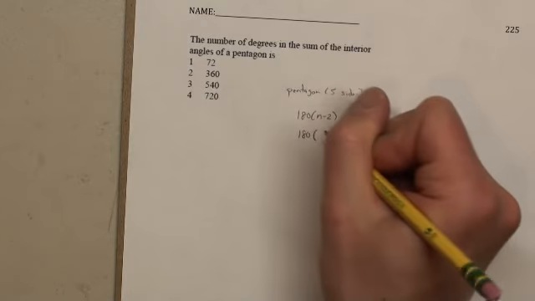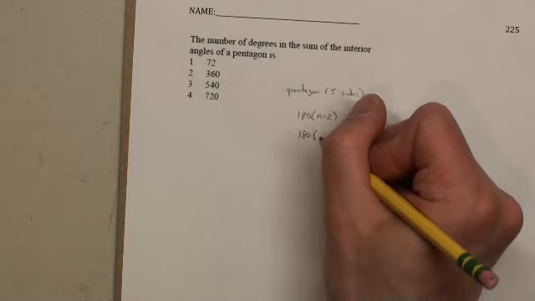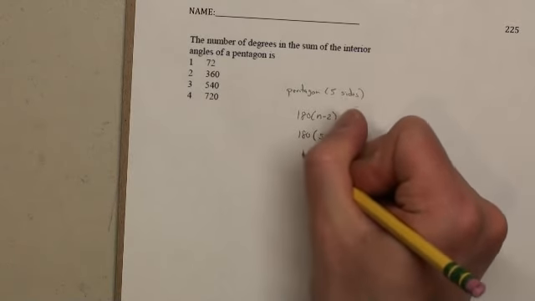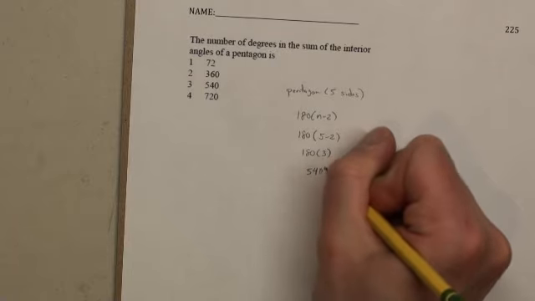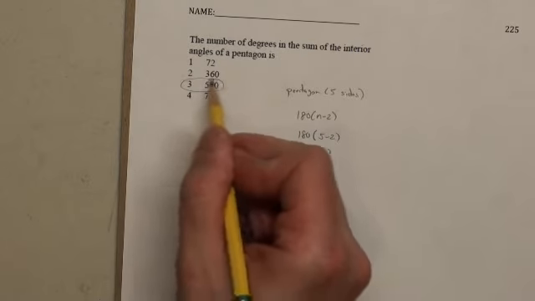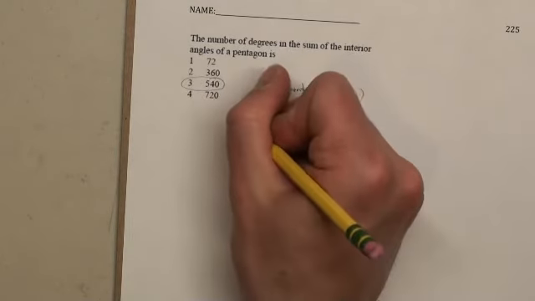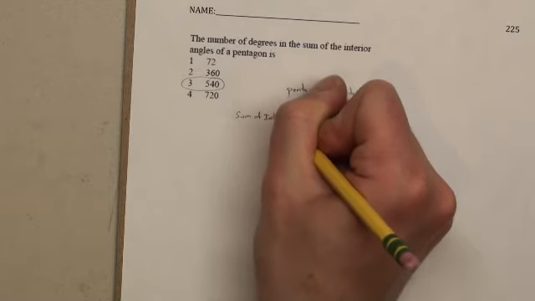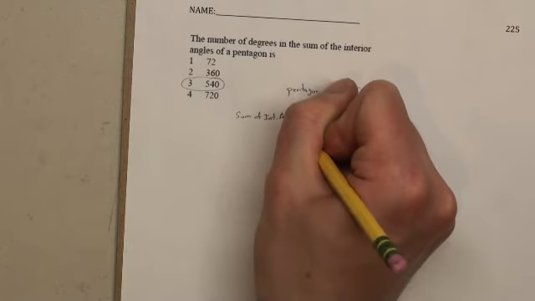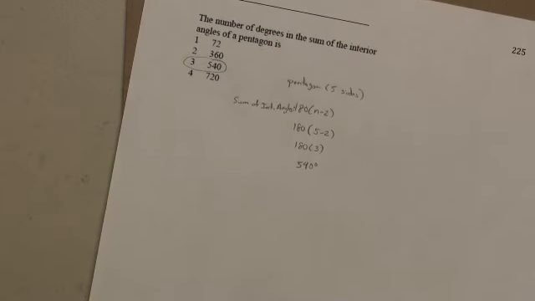So 180 times 5 minus 2, 180 times 3, 540 degrees. Let's put here sum of interior angles. I put INT for interior.